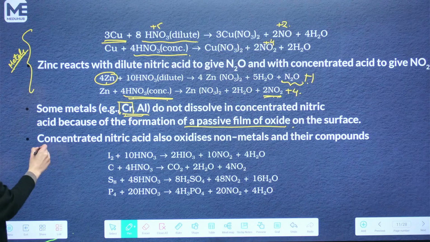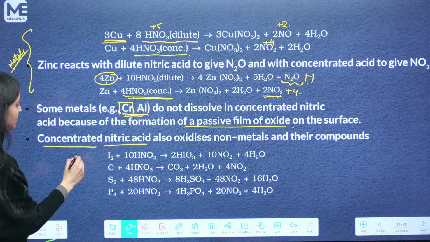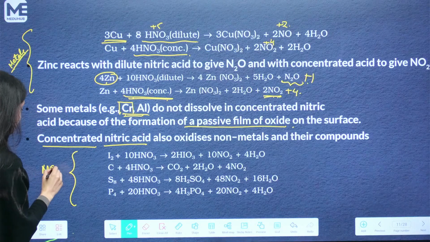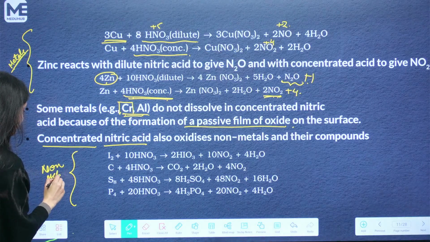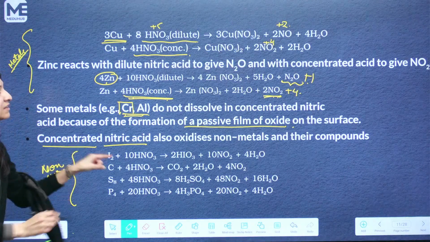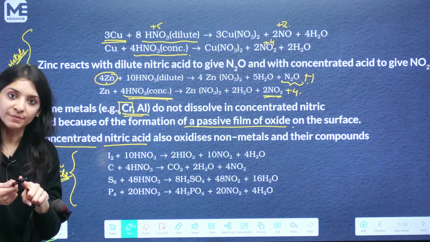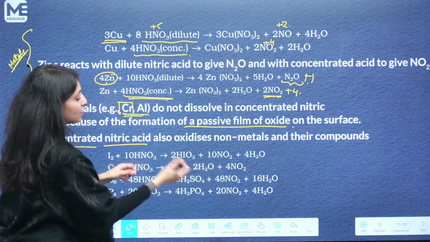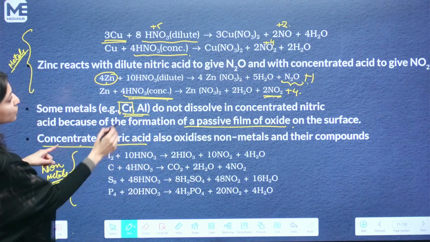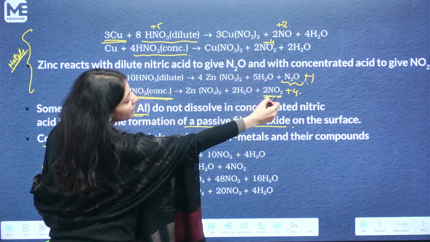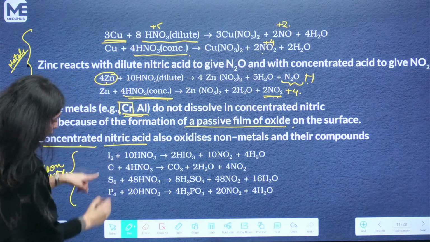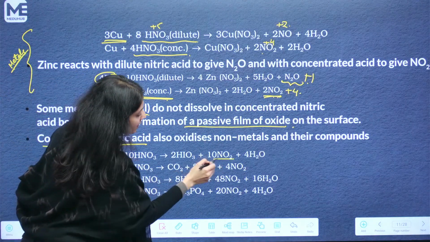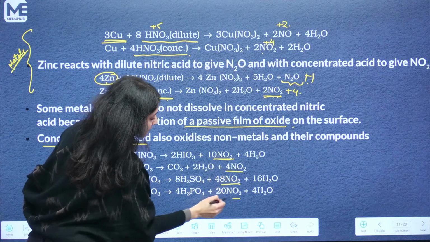Now HNO3, concentrated HNO3 also reacts with non-metals. Non-metals के साथ react करके it oxidizes the non-metal and itself gets reduced. So हर केस में concentrated HNO3 there also NO2 में reduce हो रहा था and in the case of non-metals also वो NO2 में ही reduce हो रहा है.